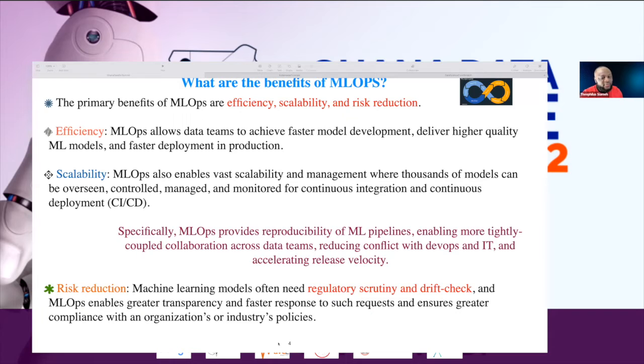And the other side of it is also the drift check. That is almost like the later part of the model being deployed in production. So the drift check, we'll talk a little bit also about the drift check.